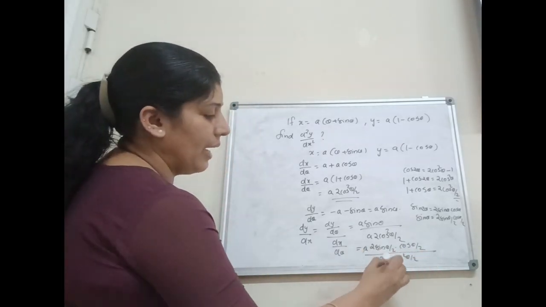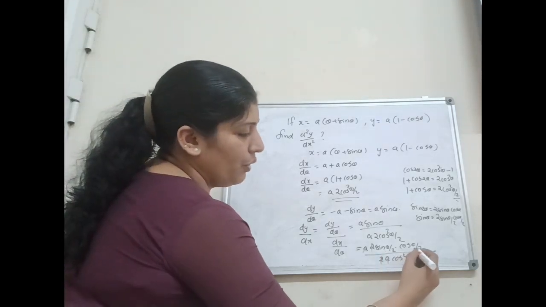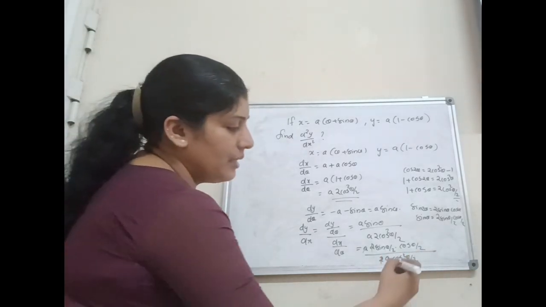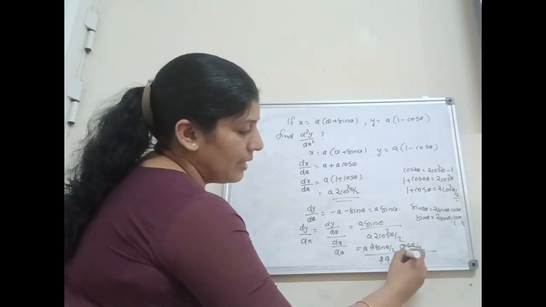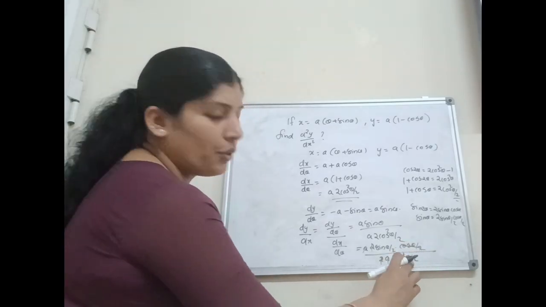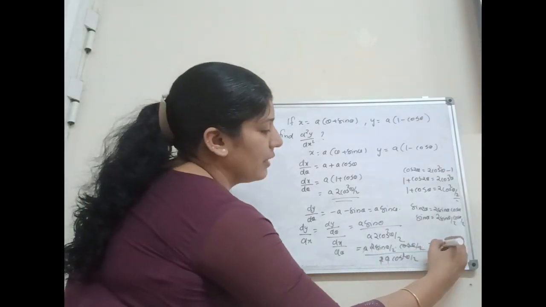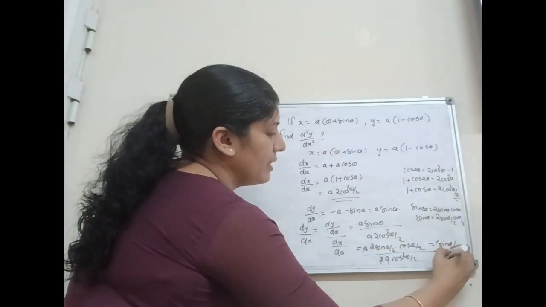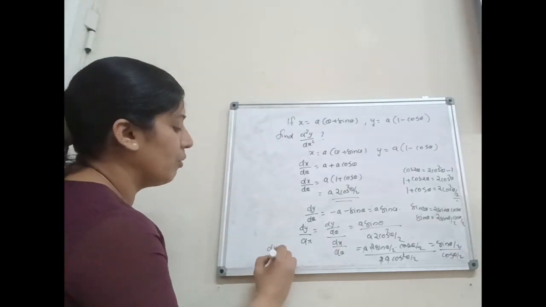Here a cancelled, 2 cancelled. Then numerator sin theta by 2 into cos theta by 2, and denominator is cos square theta by 2. Then cos theta by 2 cancelled, that is cos theta by 2 remaining on the denominator. That is sin theta by 2 by cos theta by 2. That is equal to what? Tan theta by 2.